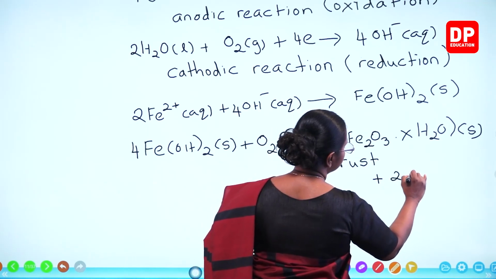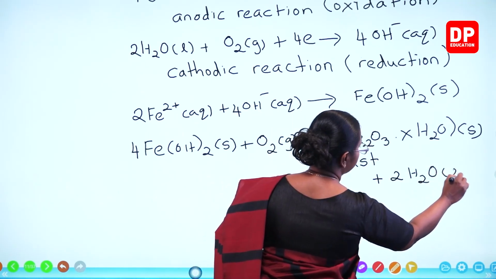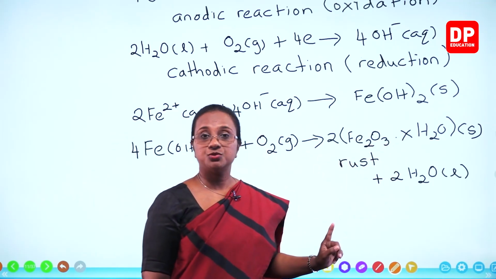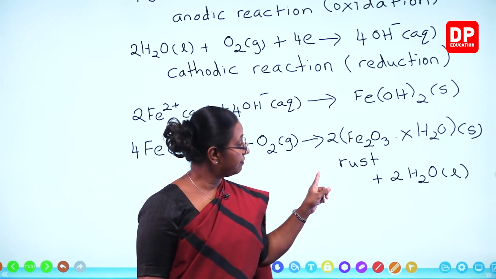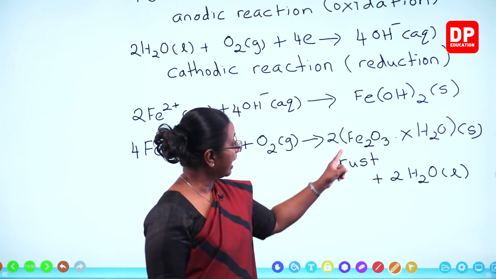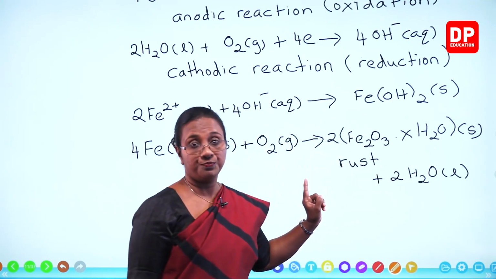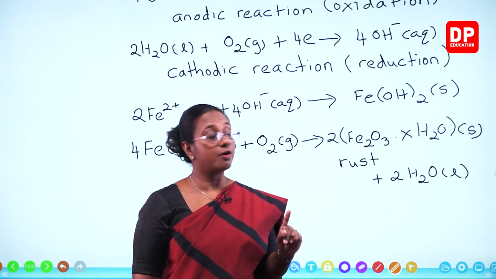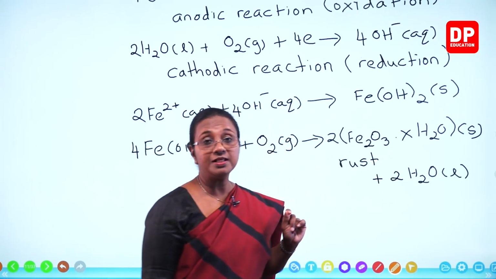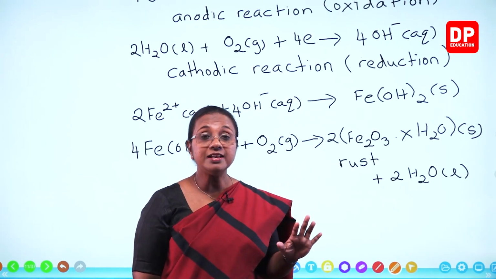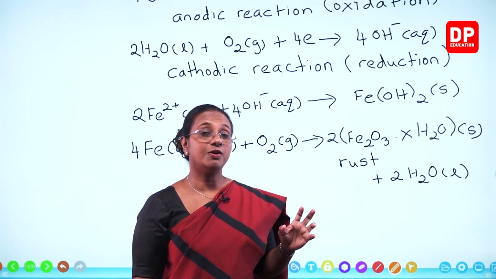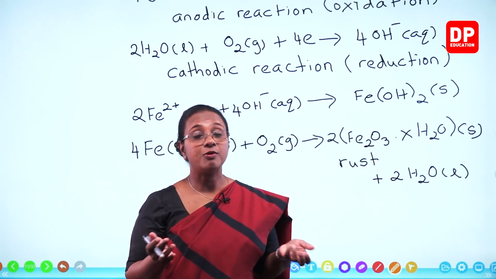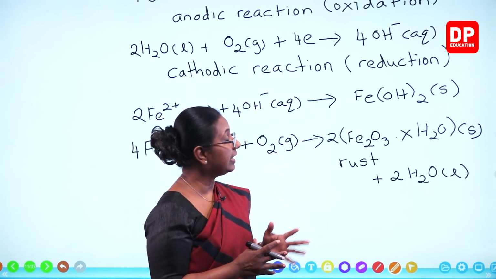Plus there are 2 water molecules removed, H2O liquids. Now Fe2O3·xH2O, that is rust. Fe2O3 is ferric oxide, and here when you have H2O, why do we put x in front? Because we don't know the exact number of H2O molecules present with Fe2O3. So the hydrated Fe2O3 is what we call as rust, and that is a brown color compound, hydrated ferric oxide.